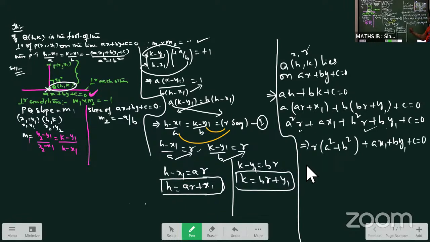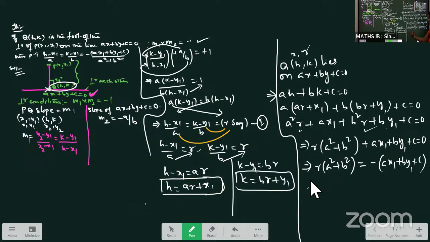Now r into a square plus b square is equal to, send all these terms to that side. When you send all those terms, a minus will come for each, three minuses. Instead of writing all three minuses, take only one minus as common. Then we get ax1 plus by1 plus c.